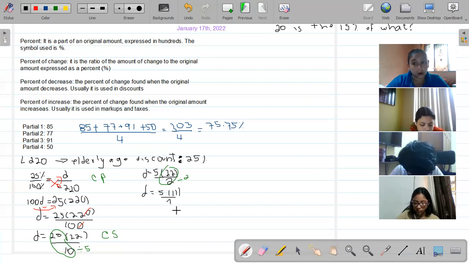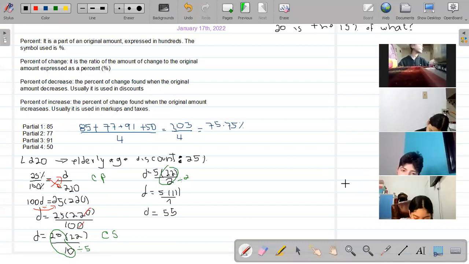Now I cannot do more cross simplification because 5 and 1 cannot be simplified and 11 and 1 cannot be simplified, so I go ahead and multiply. 5 times 11, that's 55. Do I need a 1 as a denominator?